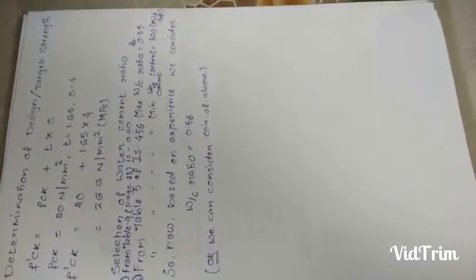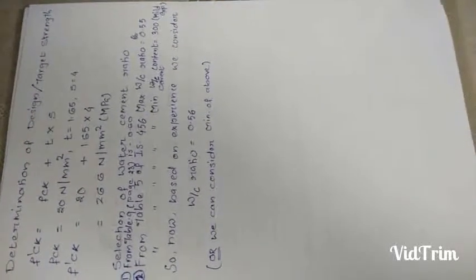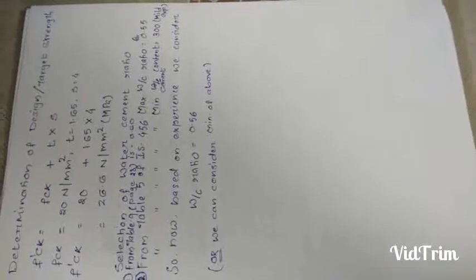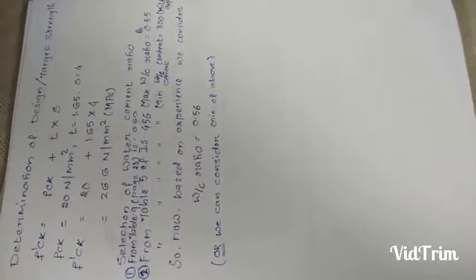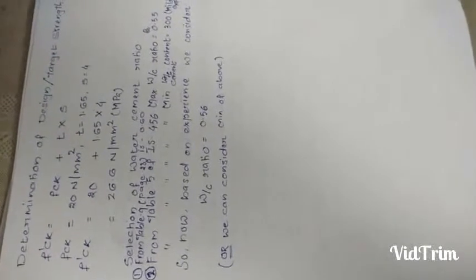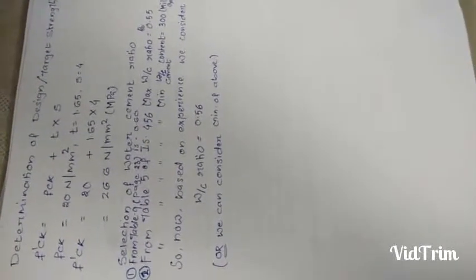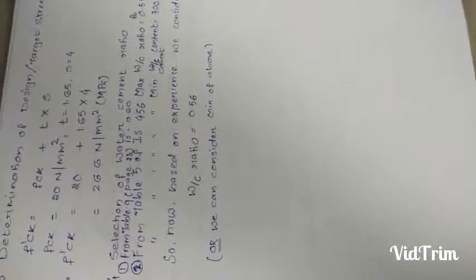And second is from Table 5 of IS 456, maximum water cement ratio is 0.55 for mild exposure, and minimum cement content is 300, right? In this case we have considered, as per experience, water cement ratio 0.56, or in some cases we can consider the minimum of the above.